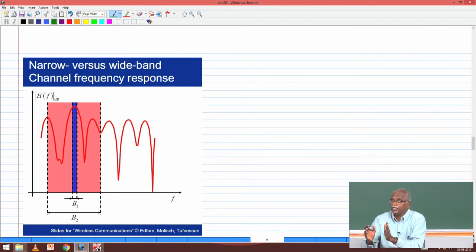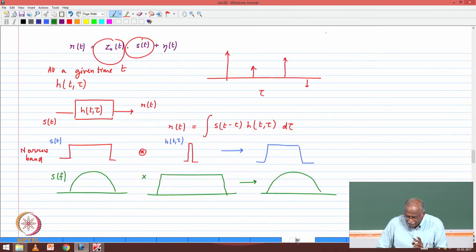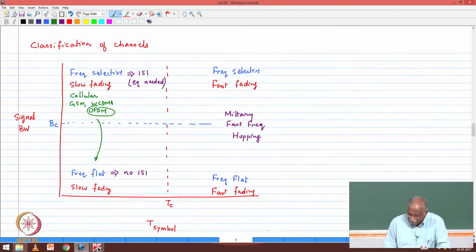When it passes through a dispersive channel, its frequency response will get affected. I just wanted you to be clear in terms of our classification, our visualization, narrowband versus wideband, time domain, frequency domain. All of those pieces should be together, because only then can we make clear interpretations of the classification of channels.